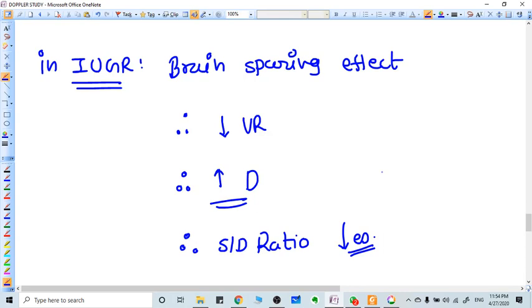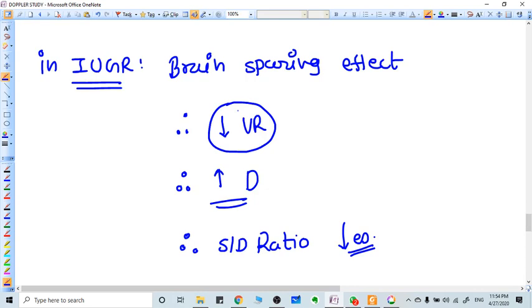And when the brain is spared, that means the body of the fetus wants the brain to get more blood flow, because already there is an IUGR, there is a fetal hypoxia, and they are not getting enough oxygen. So brain wants more and more blood flow.